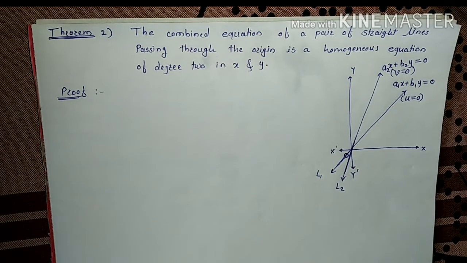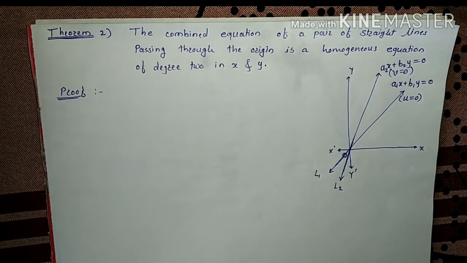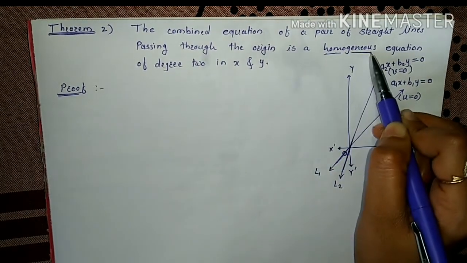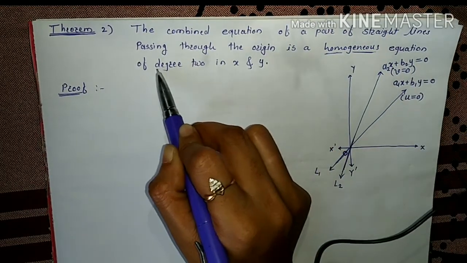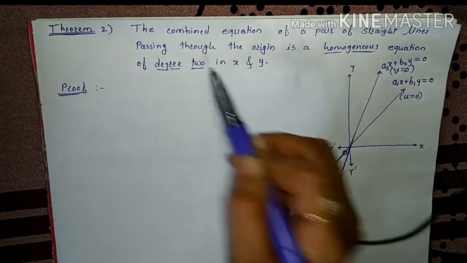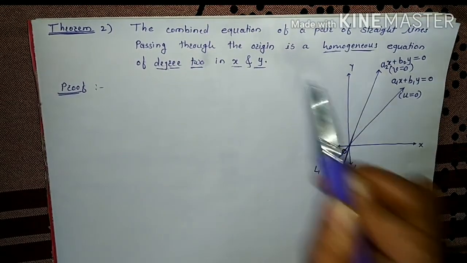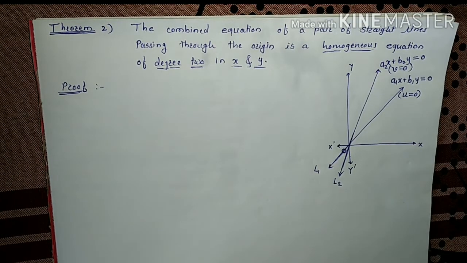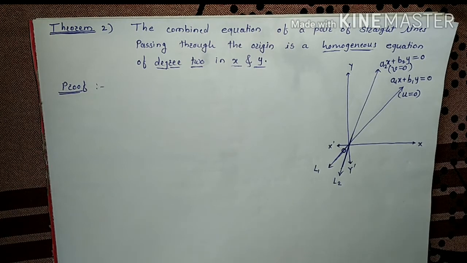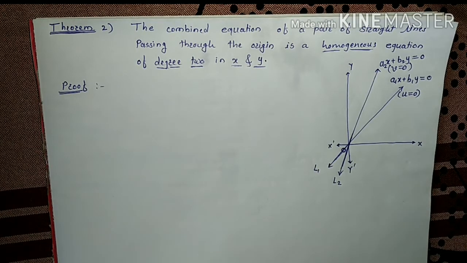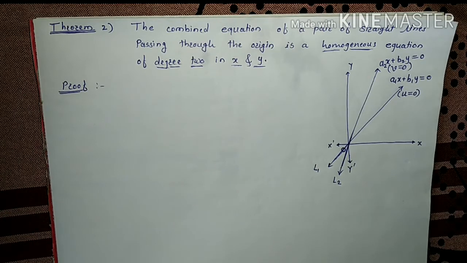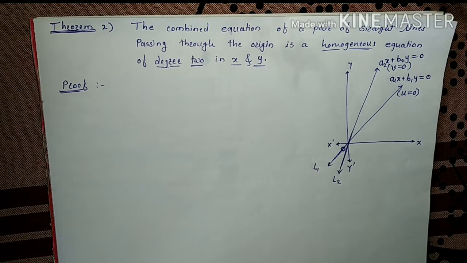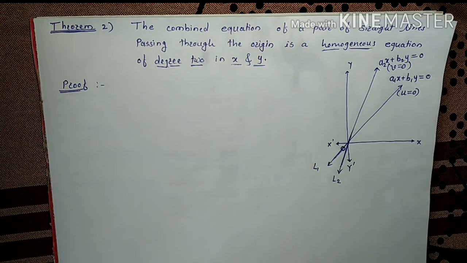So what are the important terms? The resulting equation is homogeneous, its degree is 2 and the variables are x and y. So we have to prove here that the combined equation of these two lines is a homogeneous equation, with degree 2 for each term and variables x and y.